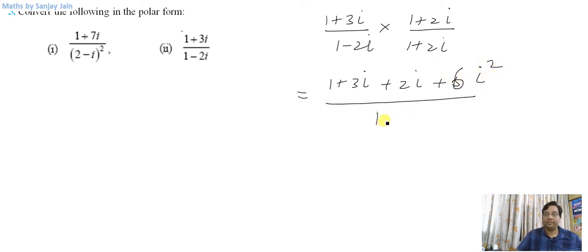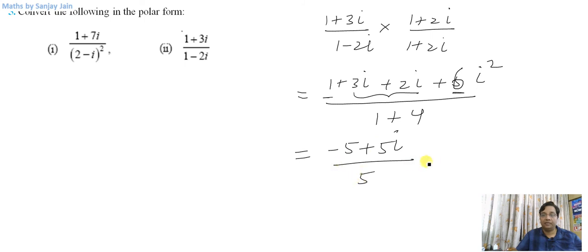And the denominator will become 1 plus 4. So 1 minus 6 is minus 5, and this is 5 iota divided by 5. If you see, I have got the same complex number which I got for this after simplifying, right? So it will be no different.